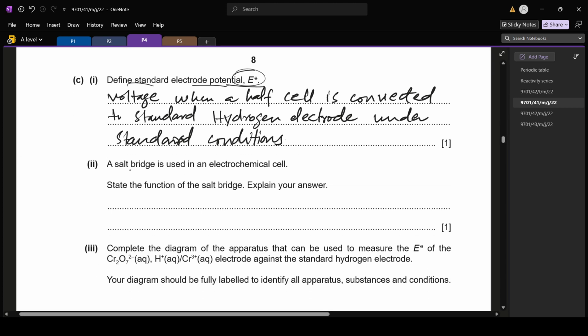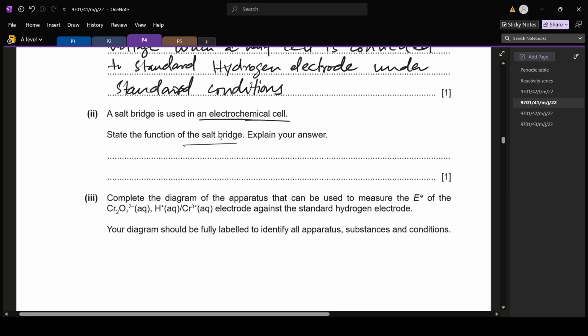A salt bridge is used in an electrochemical cell. State the function of the salt bridge. The salt bridge transfers or moves ions to maintain the charge balance.